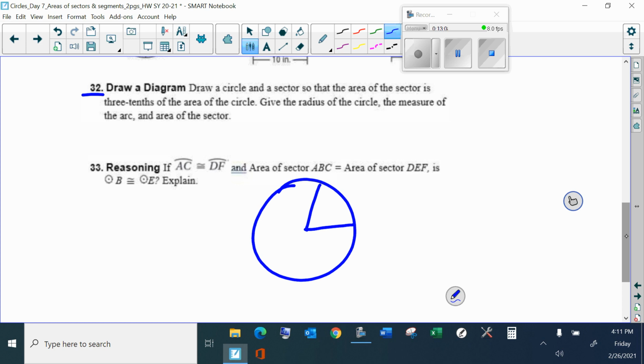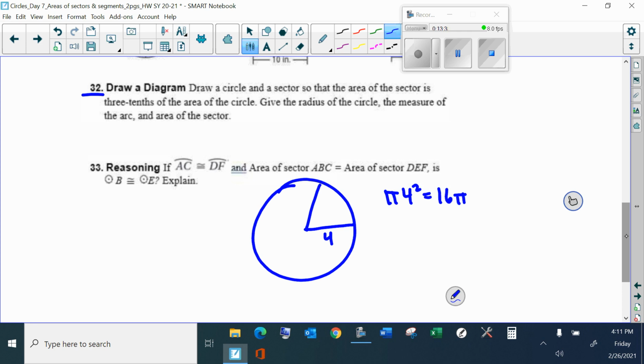The area of the sector is 3/10 the area of the circle. If I made this say 4, then the area of the circle would be pi r squared, so 16 pi.